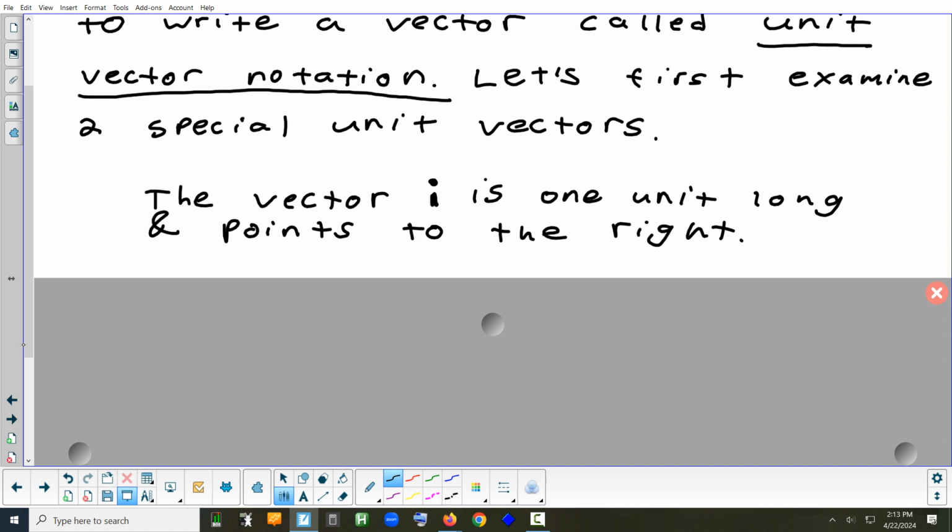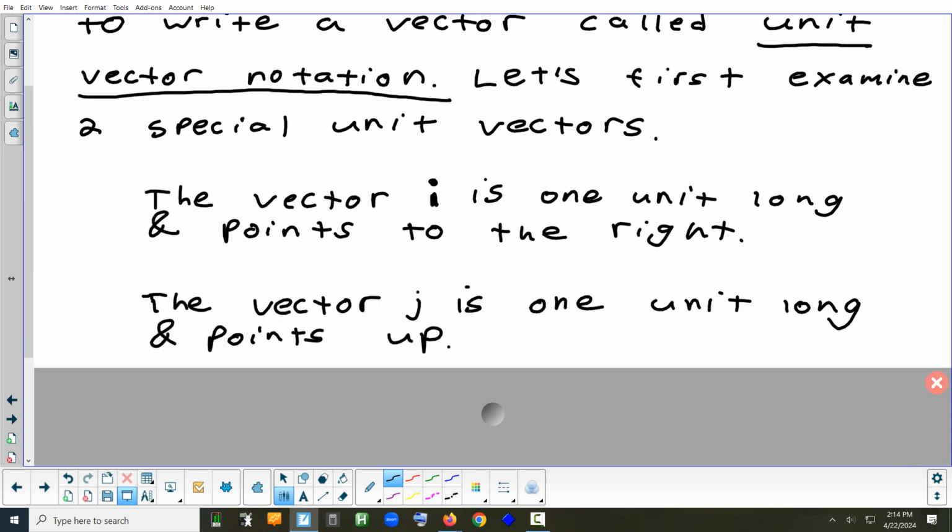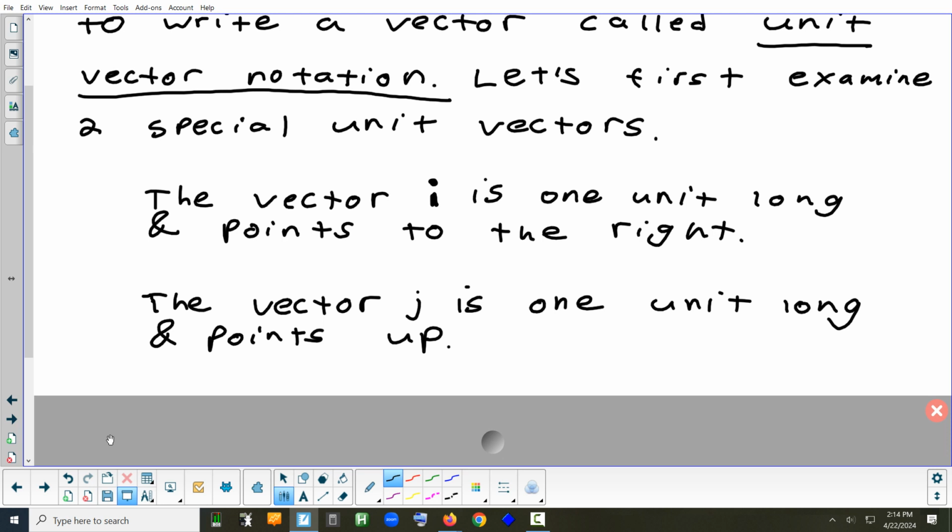And there's one other special vector. It has a name. Anybody have a guess what we're going to name that one, based on the first one being I? J. Yeah. So J is a vector that's 1 unit long, and it points up.